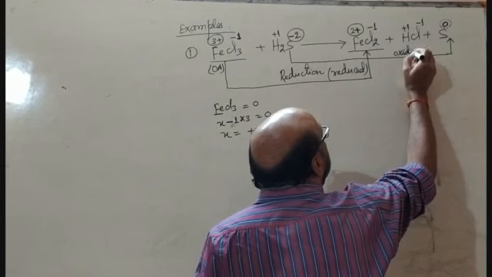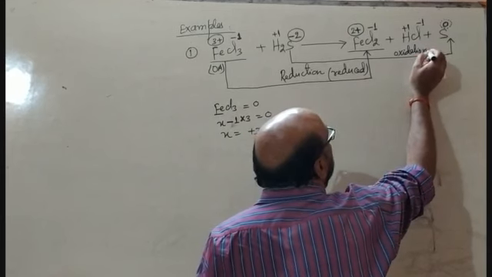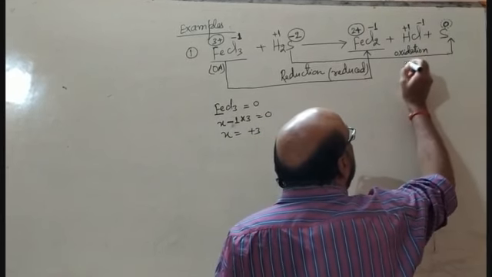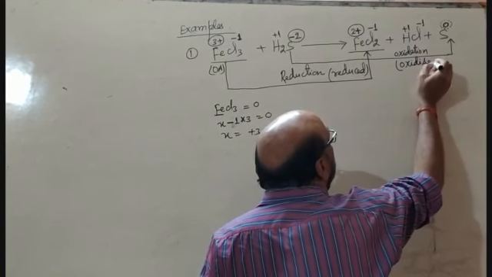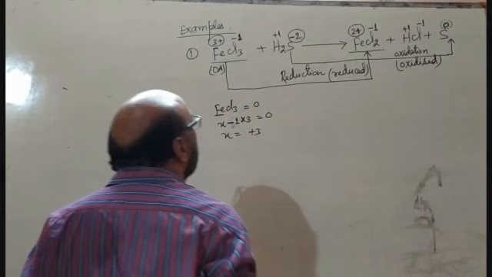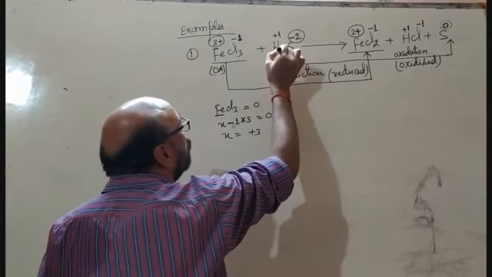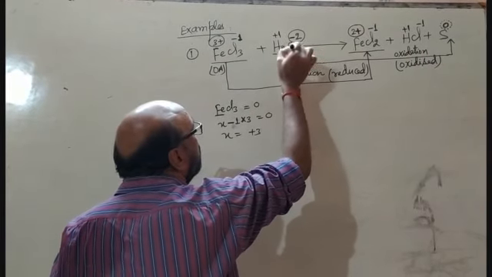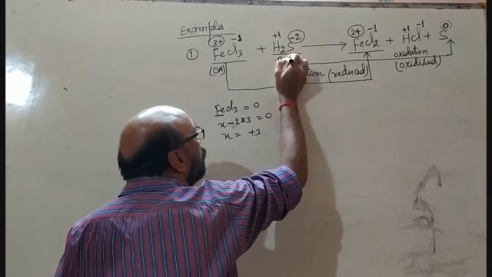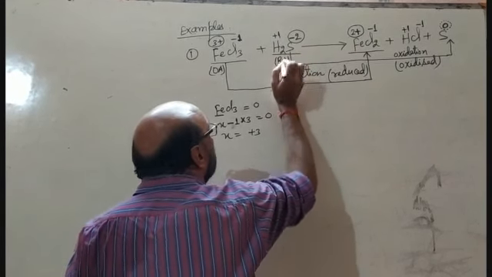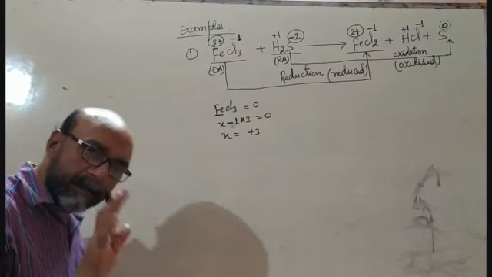Means H2S undergoes oxidation. It is oxidized to form sulfur, and since H2S undergoes oxidation, therefore it is a reducing agent in this reaction. Clear?